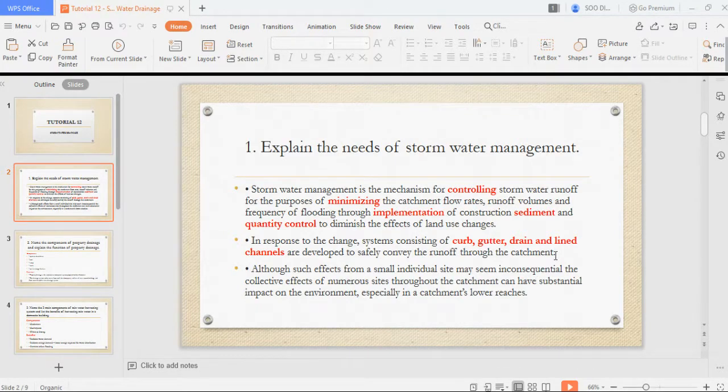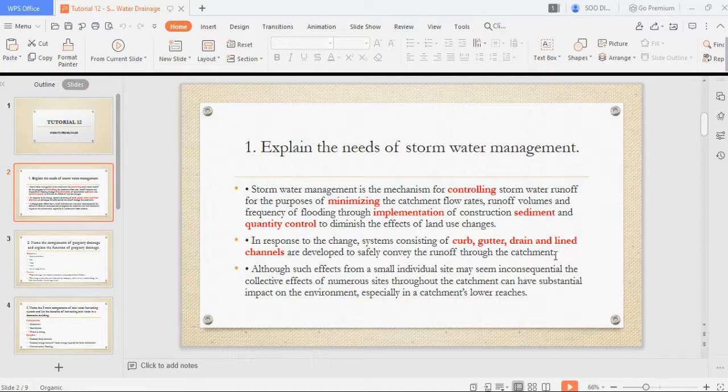In a village, you do not need this sort of stormwater management because the area itself will be able to drain off the rainwater. But when you come to a city where most of the land area has been covered with concrete road, stormwater management is very important.